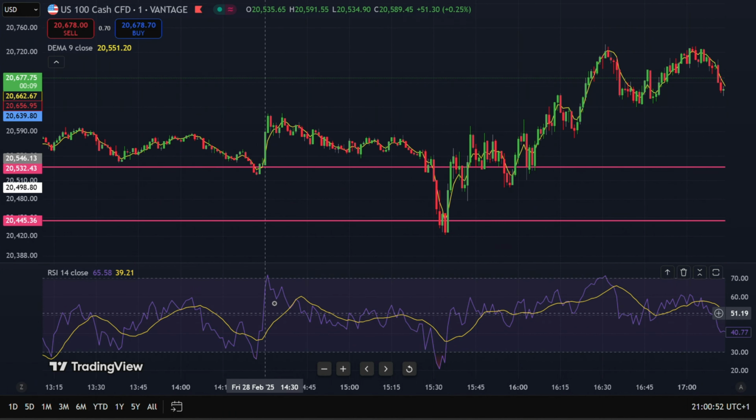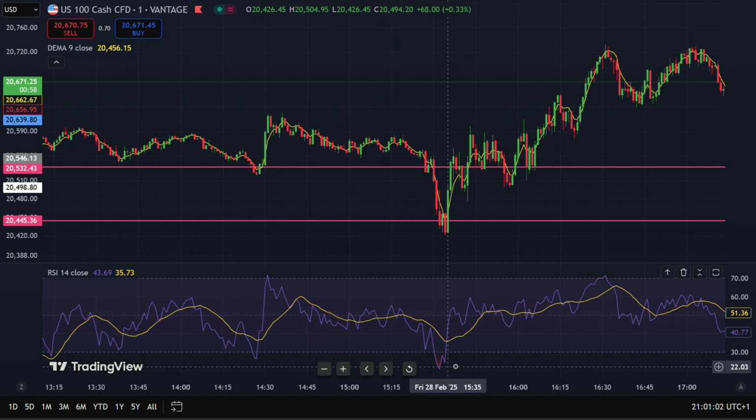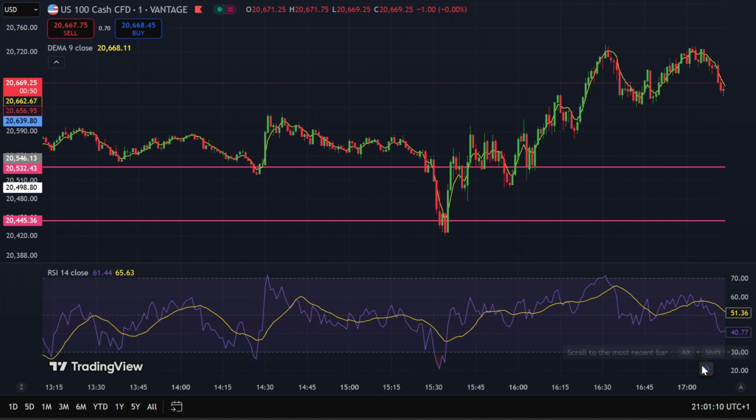Now for the RSI strategy. As we can see, this was a bearish move, and on the RSI it was showing us that this was overbought, which indicates that it is going to go down, and this is where you would enter for a sell typically. The price ended up working out the way we expected.